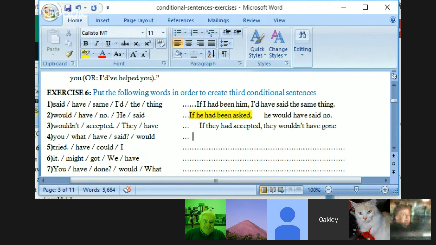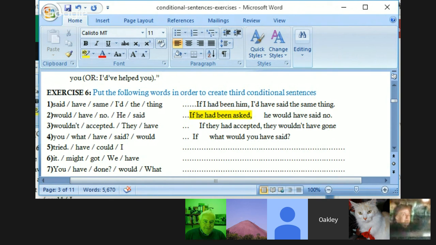What would you have said? So what would the if clause be?